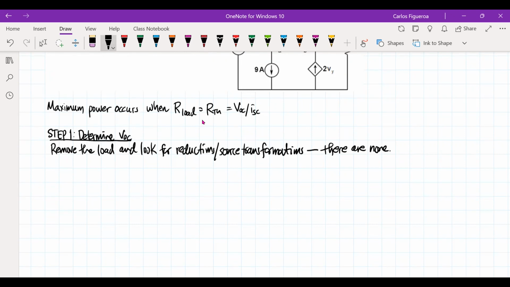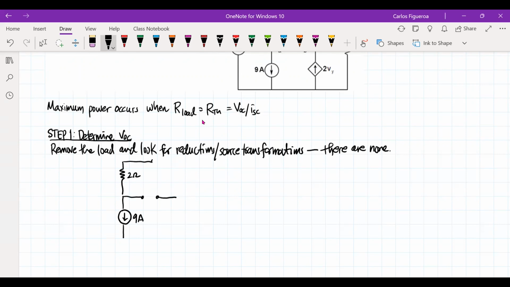So I'm going to go ahead and start drawing my circuit here. I'm going to start up at the 9 amps. There's 9 amps. And then I come up and here's my VOC. And then I have a resistor right here, and this is my 2 ohm.